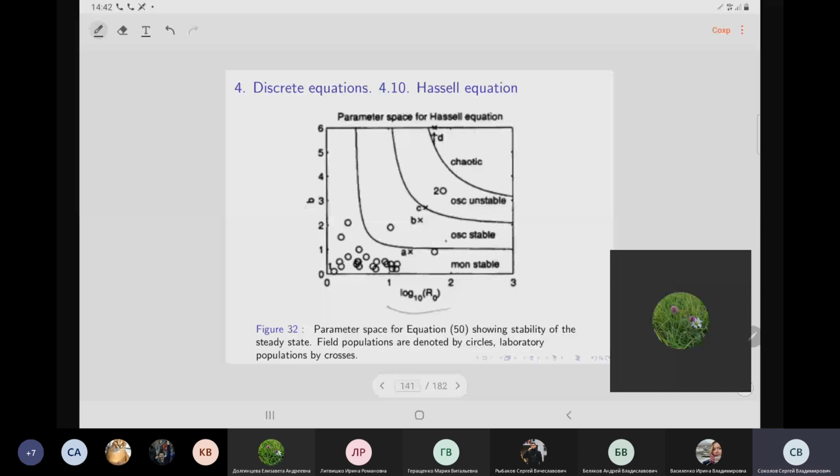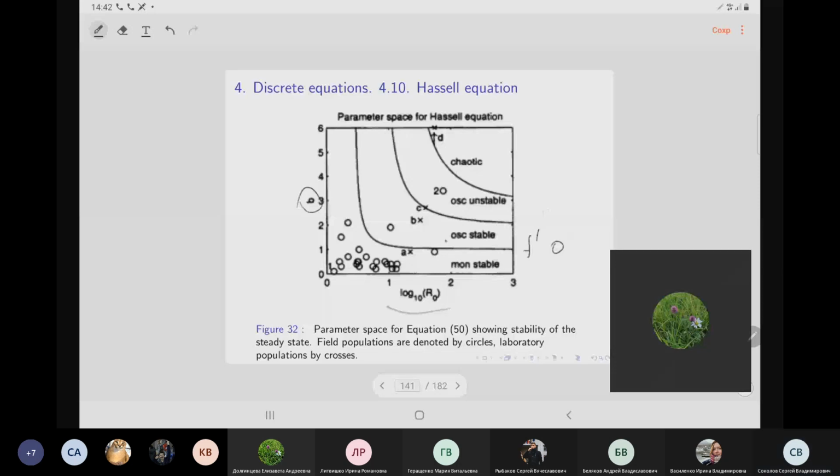And these lines, from monotonically stable to oscillatory stable, are where f prime crosses 0.